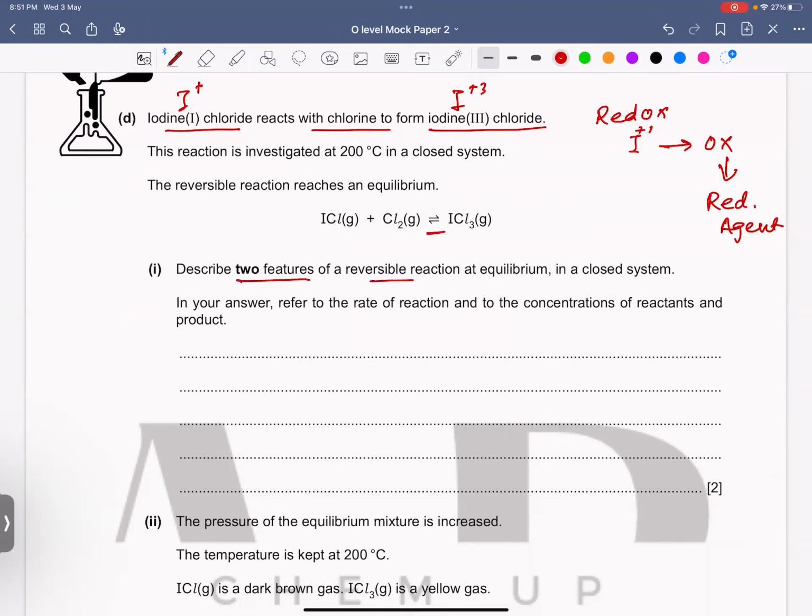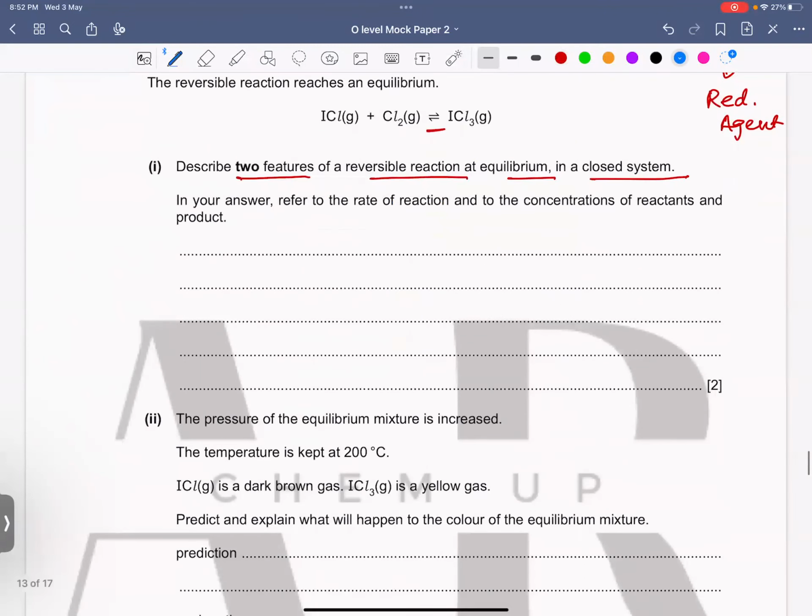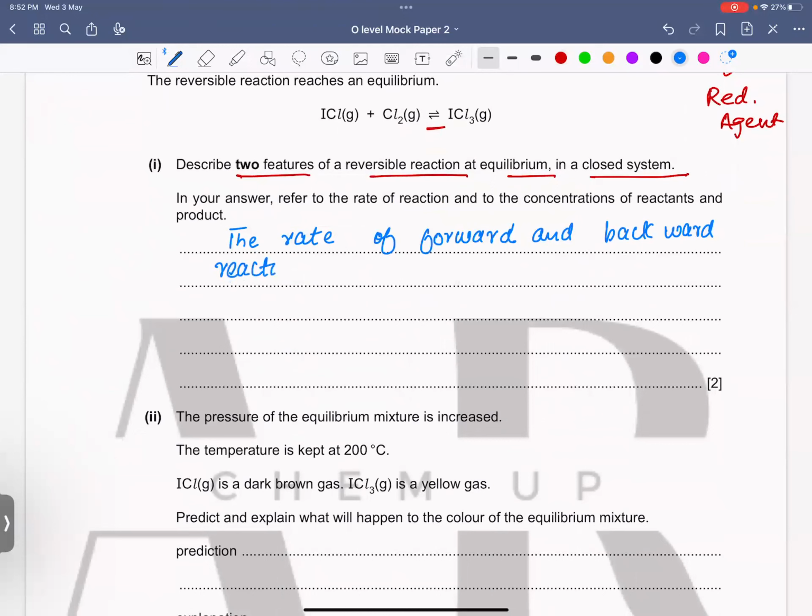Describe 2 features of a reversible reaction at equilibrium in a closed system. So the 2 features, the one would be the rate of forward and the backward reaction are equal. This is one feature. And the other feature, can anybody tell me? The amount of reactants and products are constant.